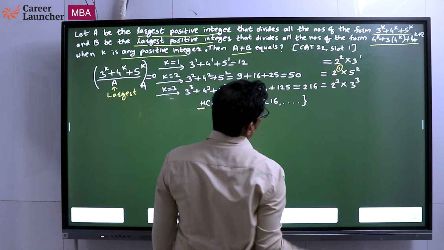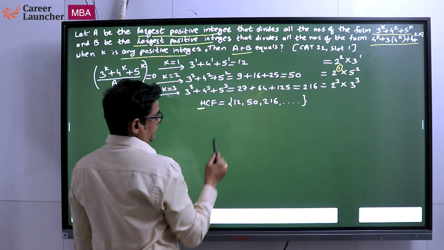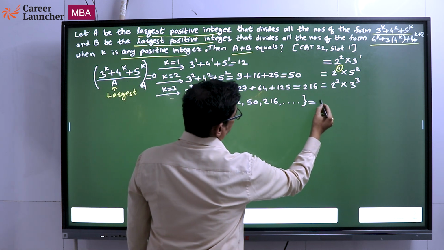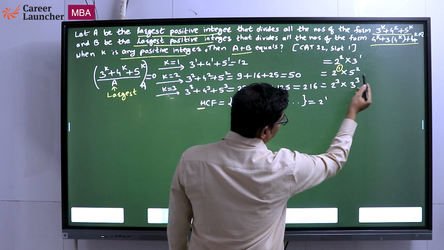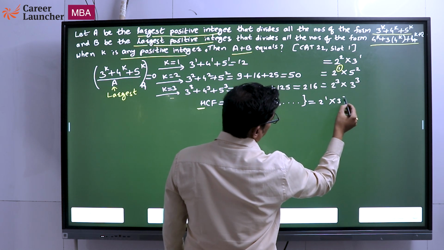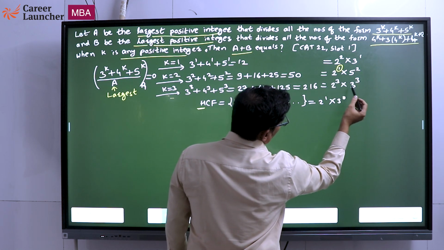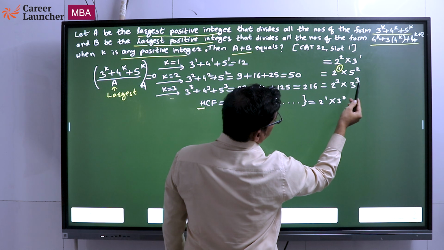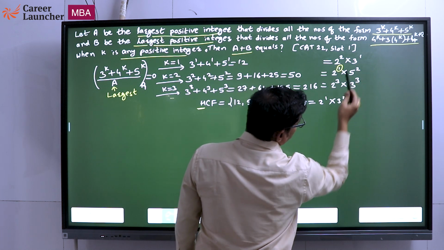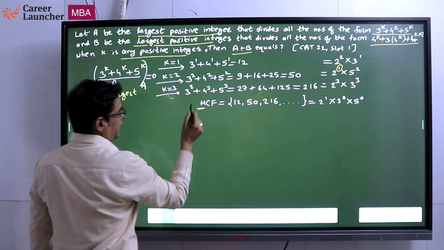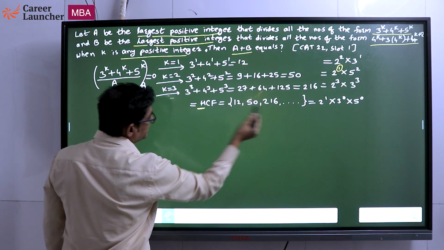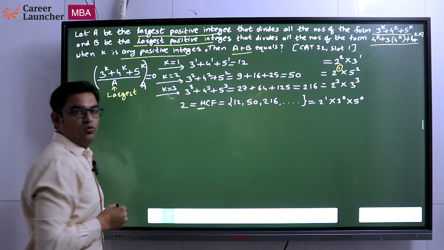The least common power of 2 is 1. The least common power of 3: there is no 3 in this number, so the least common power will be 0. The least common power of 5 is also not there in this number, so it would be 0. So I can say that the HCF of these three numbers would be 2.